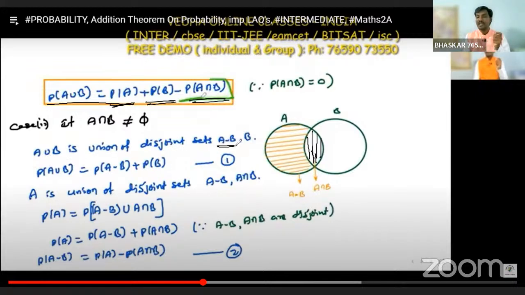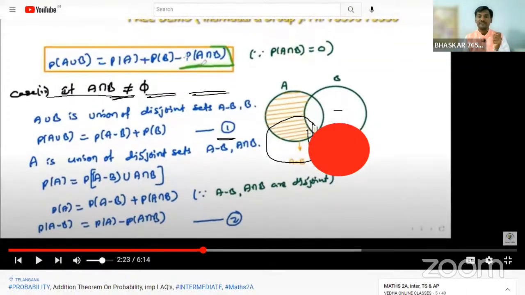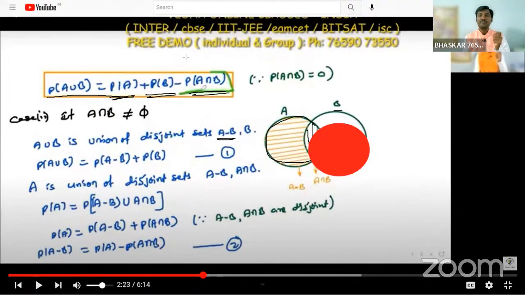A minus B means, always remember, from A we have to subtract B completely.